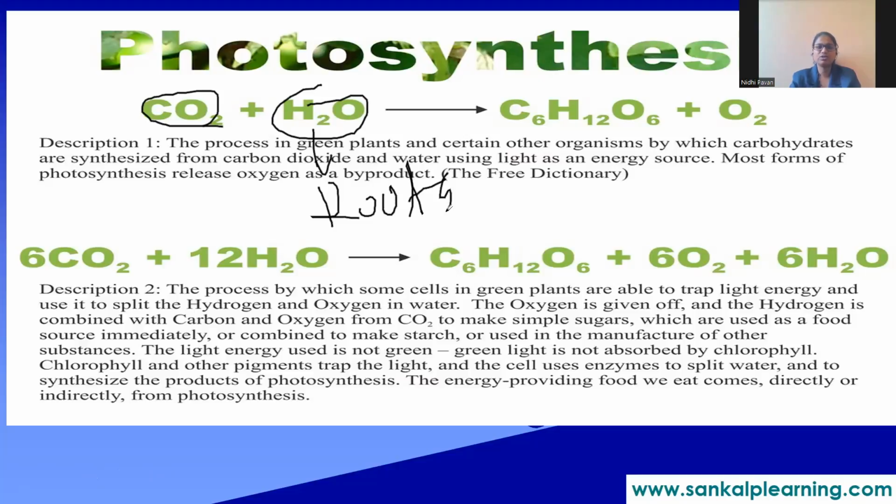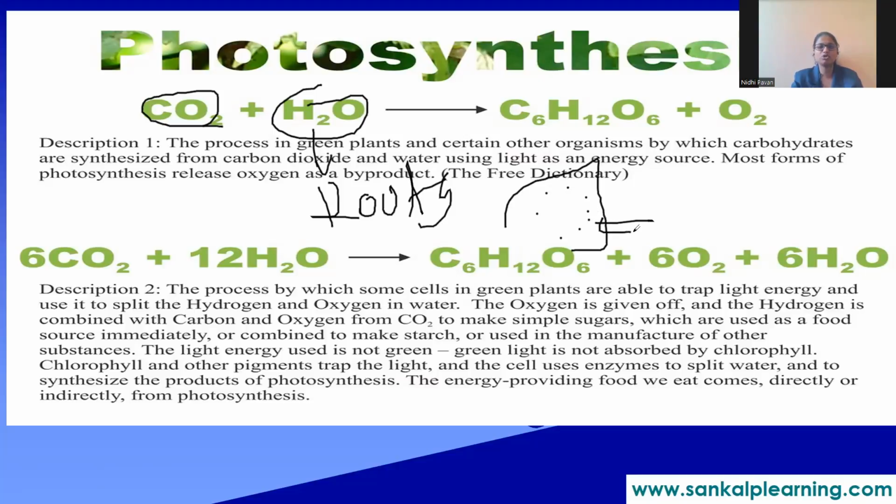Then what about the carbon dioxide? Plants don't have a nose like us to take in air and release carbon dioxide. No. Plants have specialized structures on their leaf. On the leaf, plants have certain pores, which we learned in 9th standard.